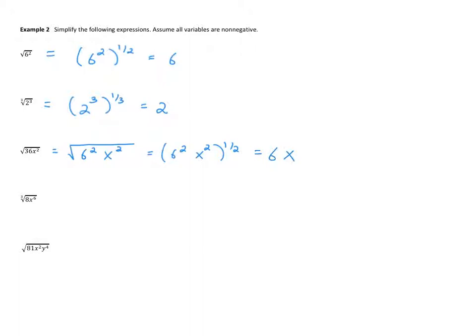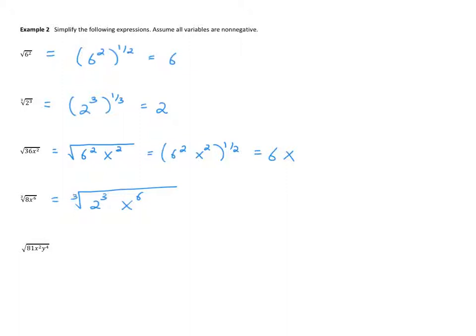All right, let's try this again in the next problem, which is the cube root of 8x to the power of 6. Can I write everything with an exponent of 3, or at least something that is divisible by 3? 8, I know, is already going to be 2 cubed. We've run into this before. I have x to the power of 6, which is set up nicely. I know 6 is divisible by 3.